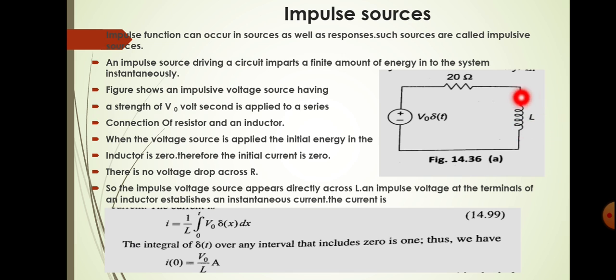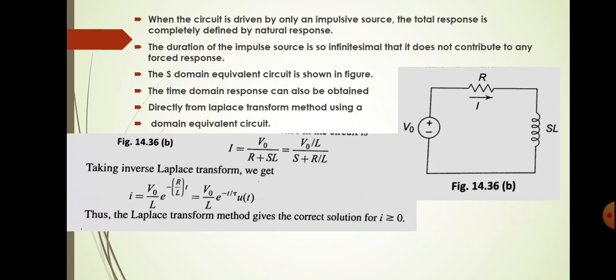There is no initial charge on this inductor, so there is no voltage source associated with the inductor in the S domain equivalent. So this circuit will be replaced by the S domain equivalent: V0, R and SL. Since it is an impulsive source, the corresponding S domain value is V0.